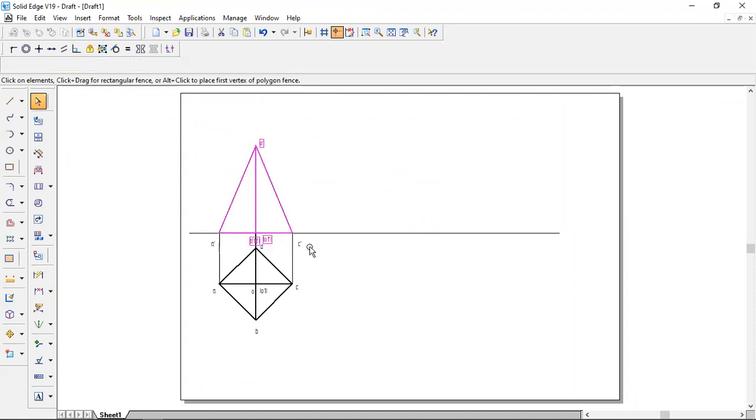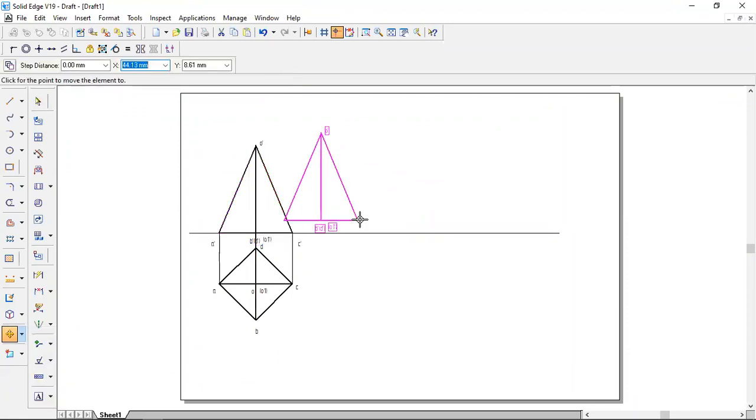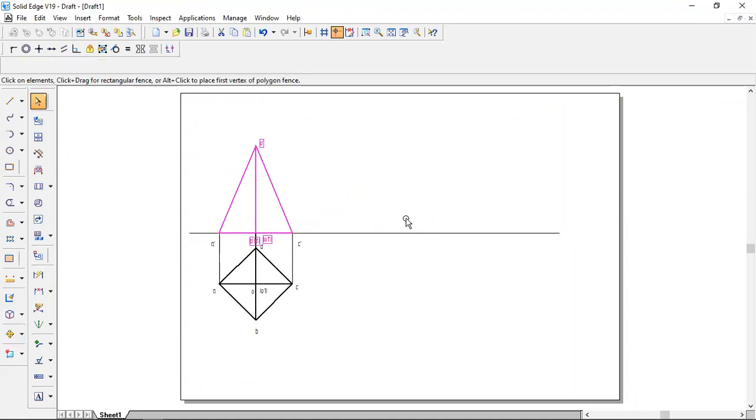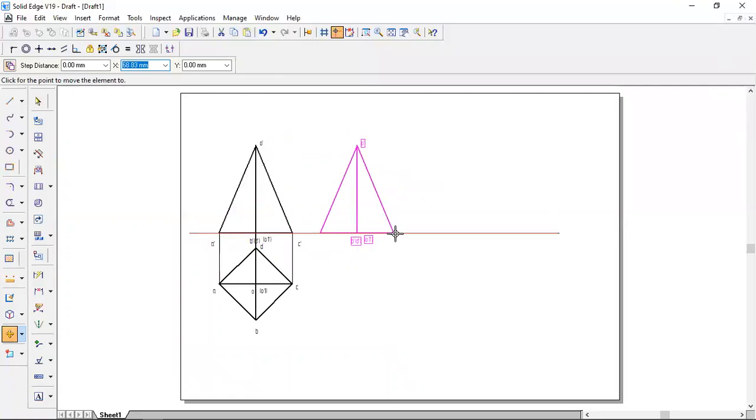Here I am teaching only how to use the software. So keep this here, and move with copy.